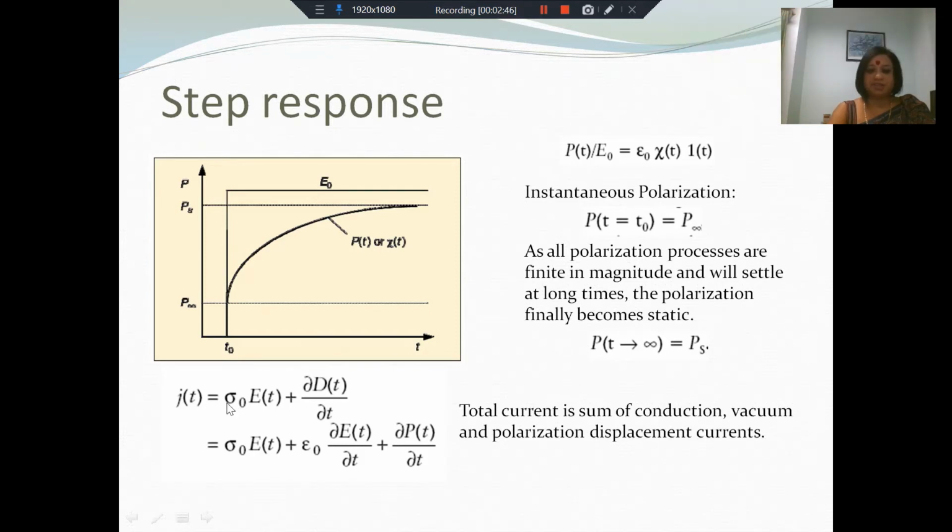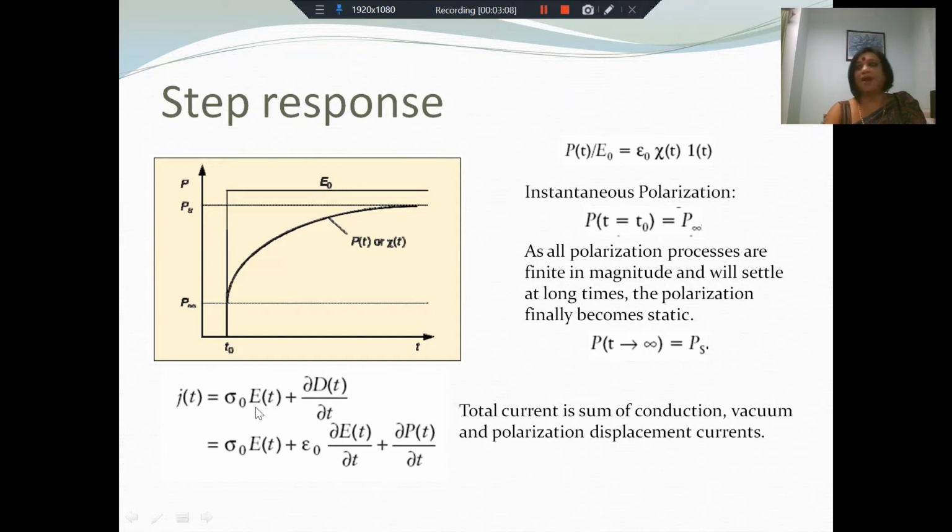This instantaneous current can be written as J(t). And this current that immediately flows in the material, as soon as I apply the electric field across the material, will comprise two separate components. The first is sigma naught E(t), which, as you can see, is the ohmic component.